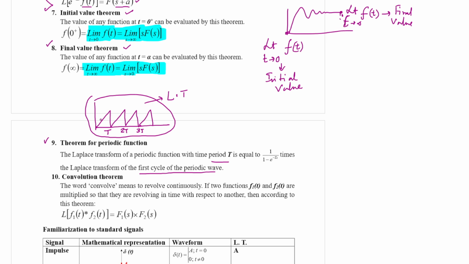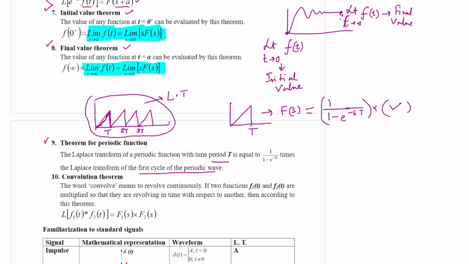You evaluate the Laplace transform of this first cycle, and you will have some answer. Then if you multiply that answer by the term 1 by 1 minus e to the power minus sT, you will get the Laplace transform of the entire signal.